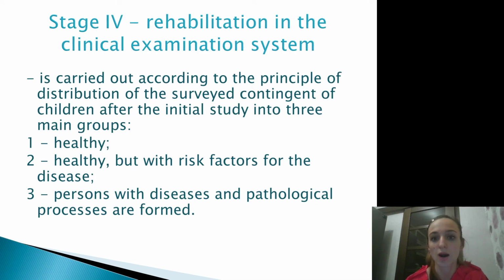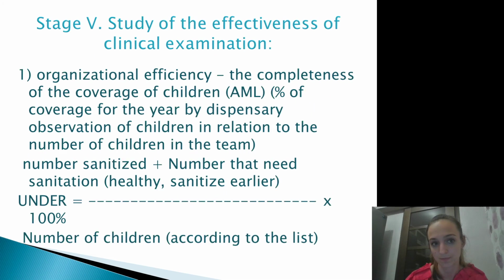Stage 4, rehabilitation in the clinical examination system, is carried out according to the principle of distribution of the surveyed contingent of children after the initial study into 3 main groups. First healthy, second healthy but with some risk factors for the disease, and third, persons with diseases and pathological processes formed.